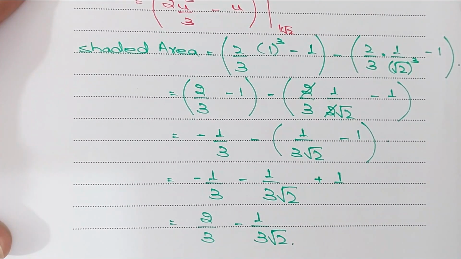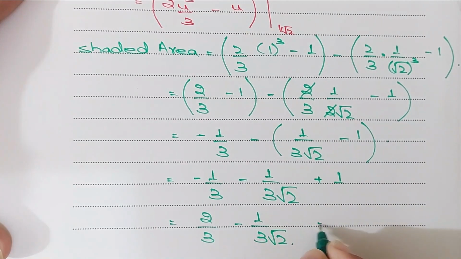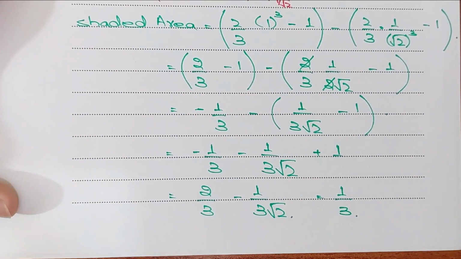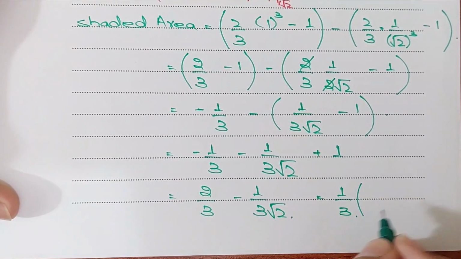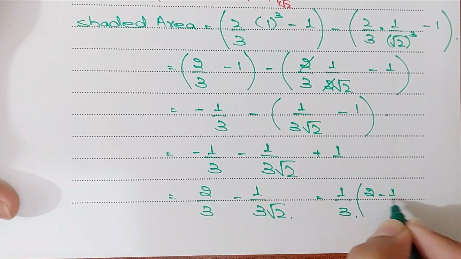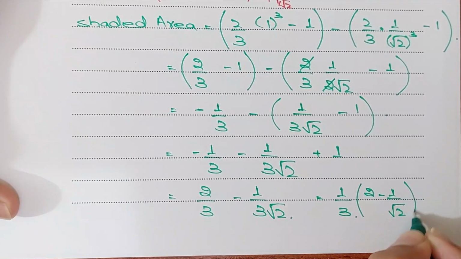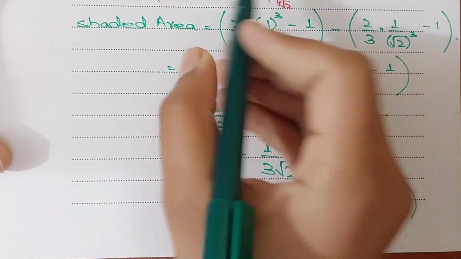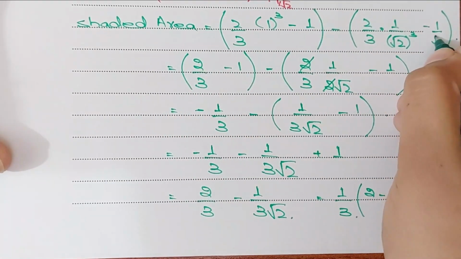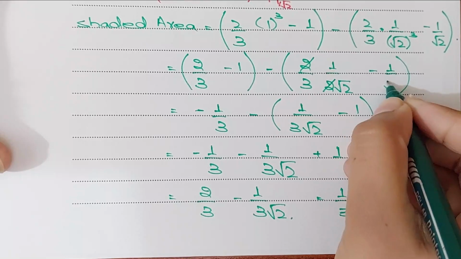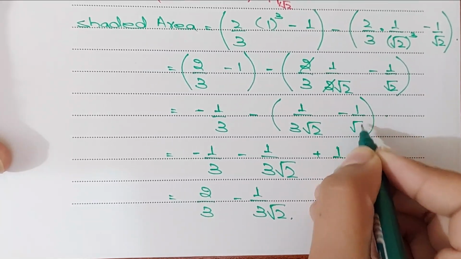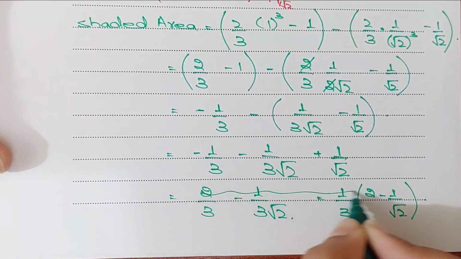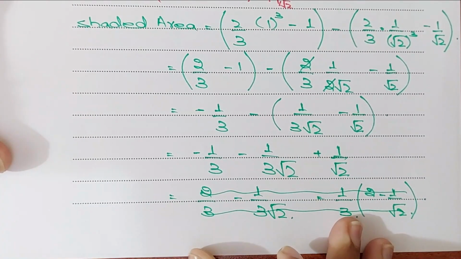Or if I take 1 by 3 common, we have 2 minus 1 over square root of 2. I made a mistake here in putting the limit. This is 1 over square root of 2, sorry. We cannot do the last step.